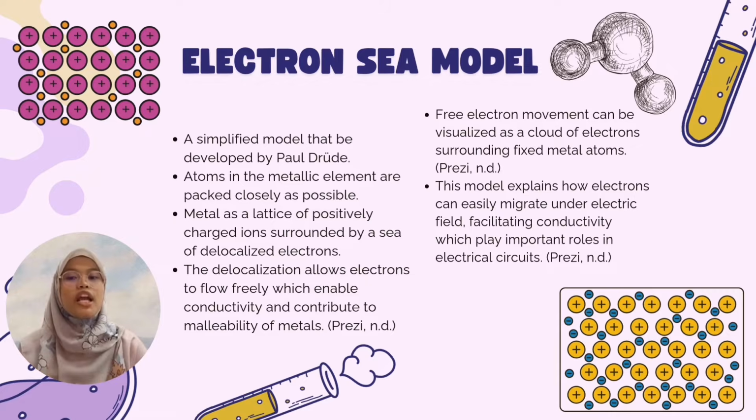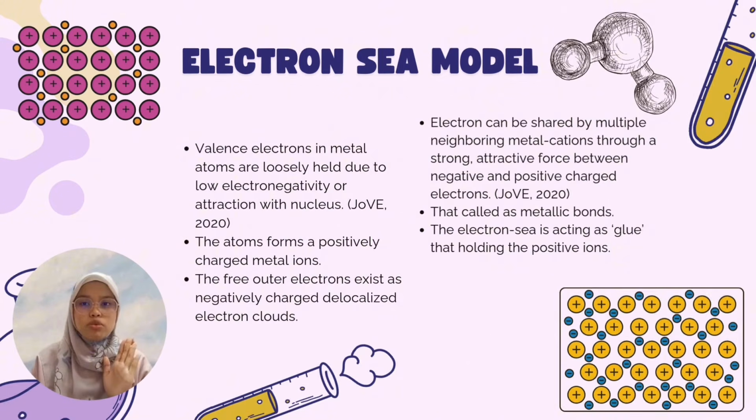The model explains how electrons migrate easily under an electric field, playing a huge role in the electrical circuits that power our world today. But wait, why are these electrons swimming around so freely? It all comes down to the chemistry.